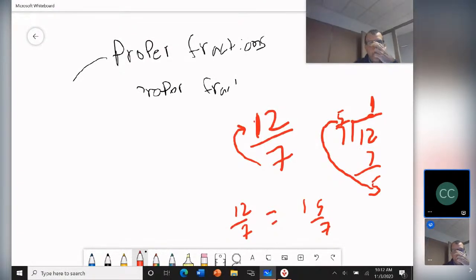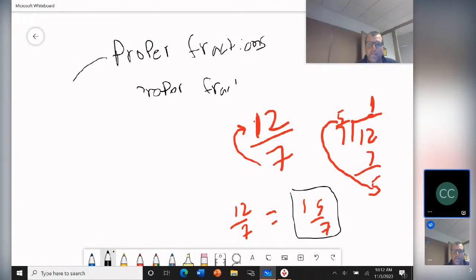Okay. So tomorrow, what I think Casey will do, he'll do the opposite. He'll show you how to convert this mixed number back into an improper fraction.